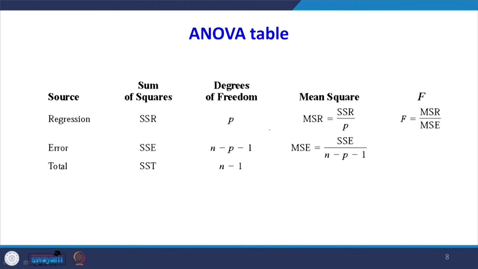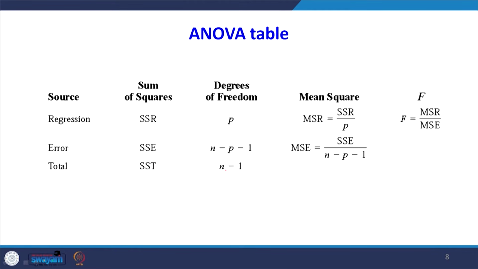What are the sources of error? Error due to regression, error, and total: regression sum of squares, error sum of squares, total sum of squares. Look at the degrees of freedom, which is more important. If there is one independent variable, the degrees of freedom is 1 for the regression sum of squares. For TSS, the total sum of squares, it is n minus 1, where n is the number of data points.